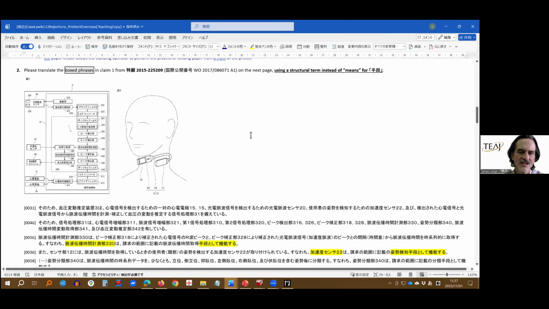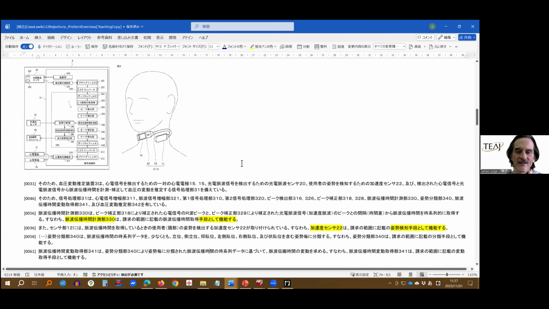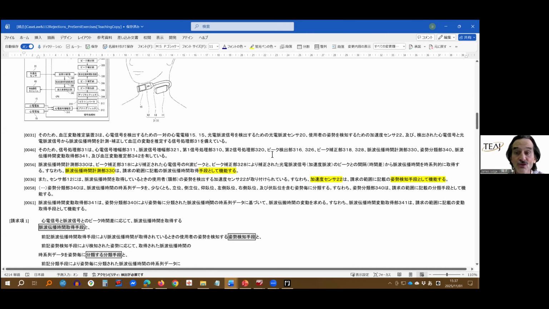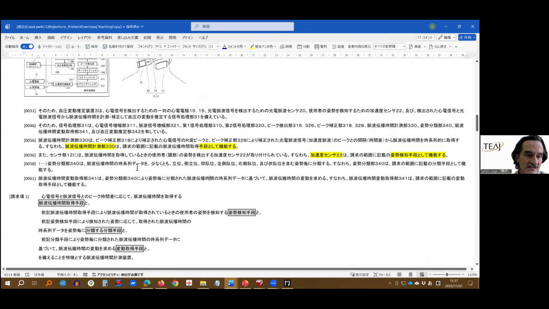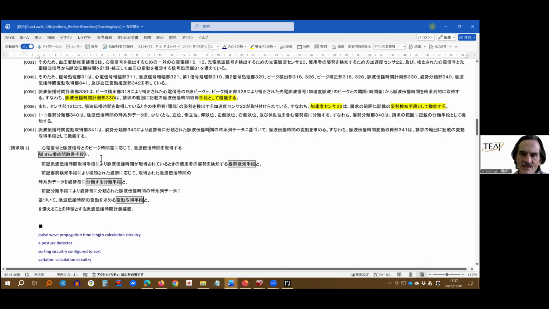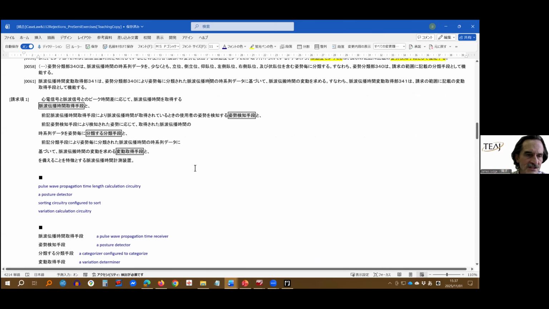But the assumption here is that it's a pariurut, as you say in Japanese, case, and the client said, "Oh, we don't want to use the word means, so please use anything besides means, and we'll try to avoid getting a means plus function interpretation from the U.S. examiner." So that was the challenge here.